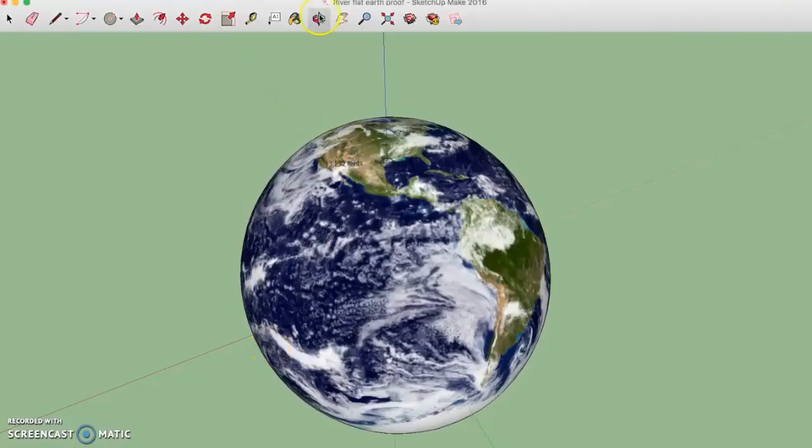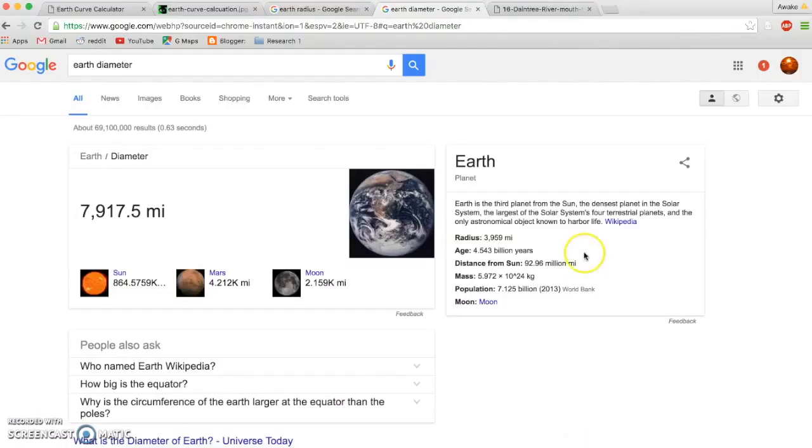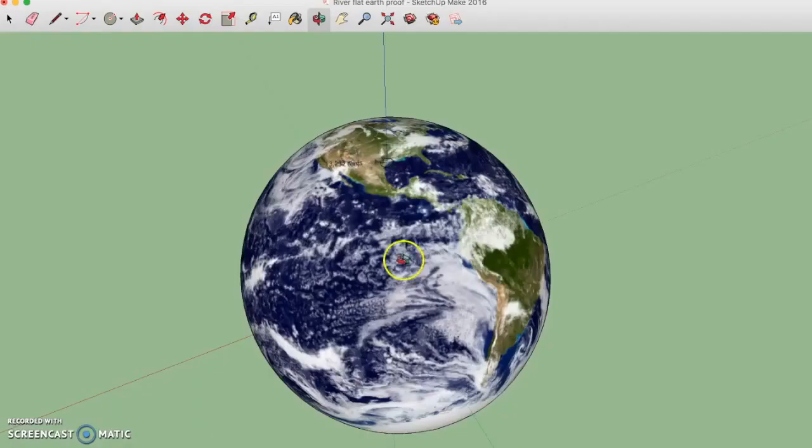So to help you visualize this, I've got a model for us to look at. This model is relatively to scale. To give you an idea, the Earth's diameter, according to Google, is 7,917 miles, and this is scaled so that it's 7,917 feet. So what I've done is just switched miles to feet.